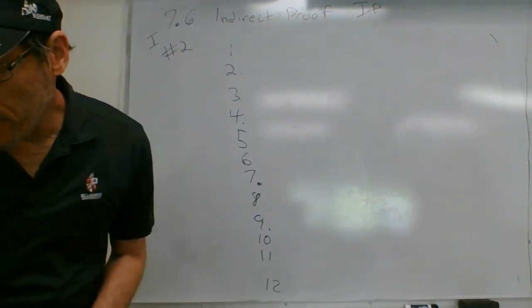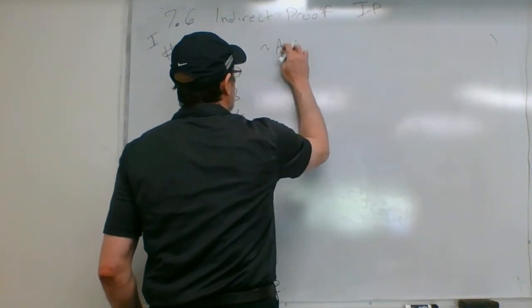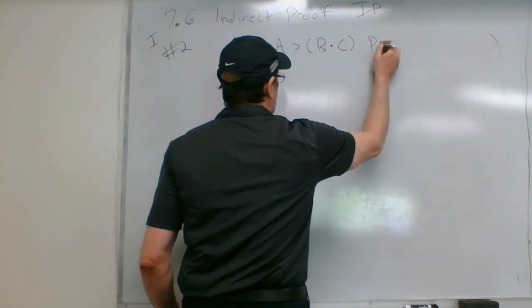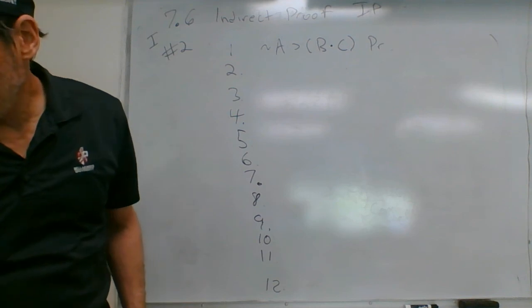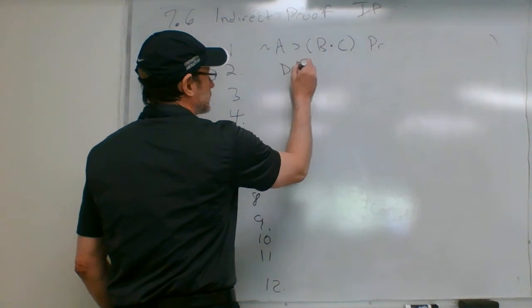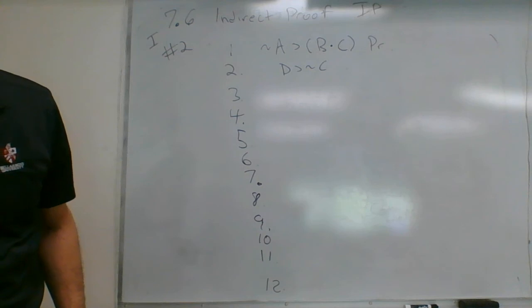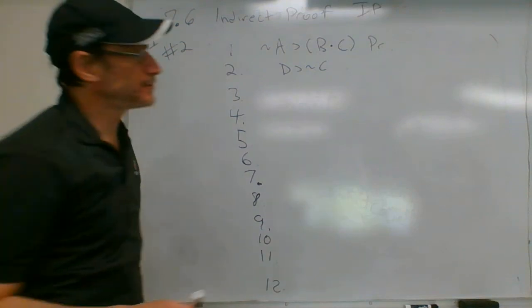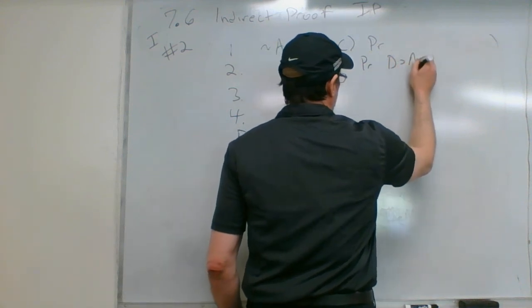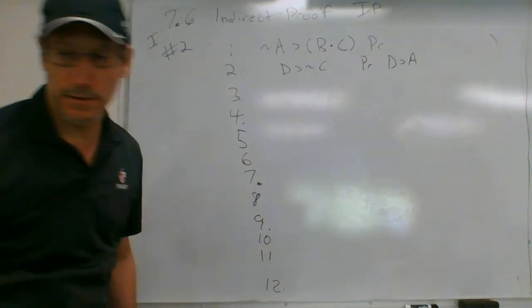We have not A, horseshoe, B and C. We have D, horseshoe, not C. And we're trying to prove D, horseshoe, A. Okay, so, excuse me a moment.